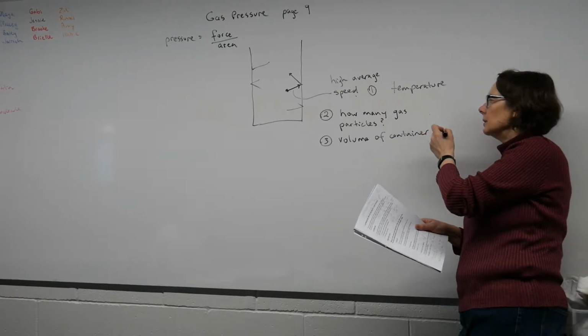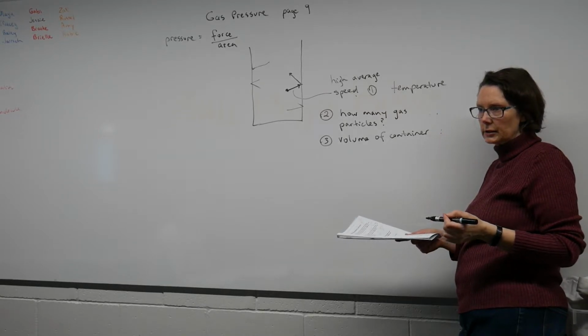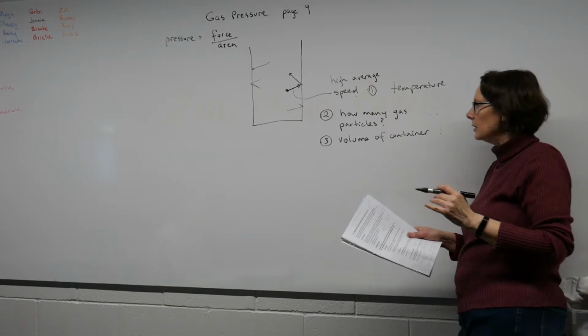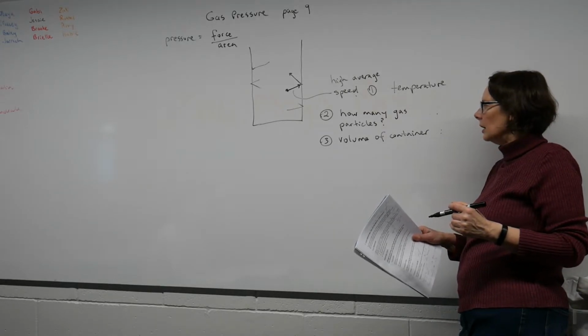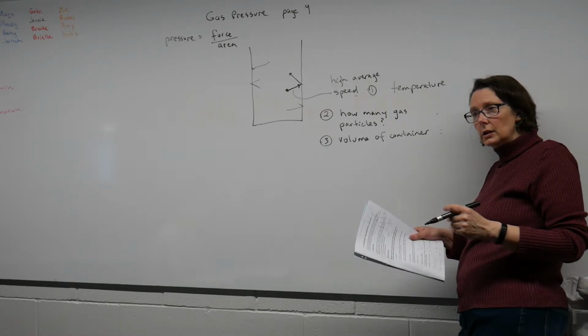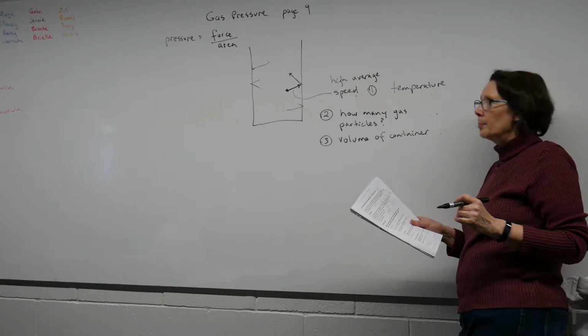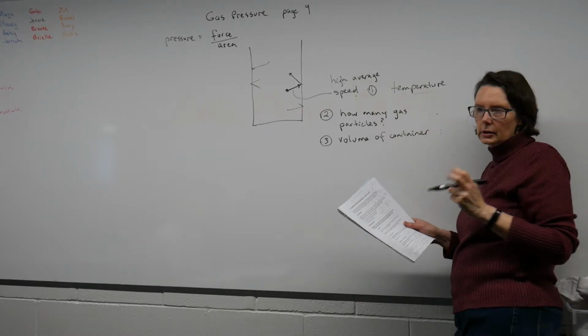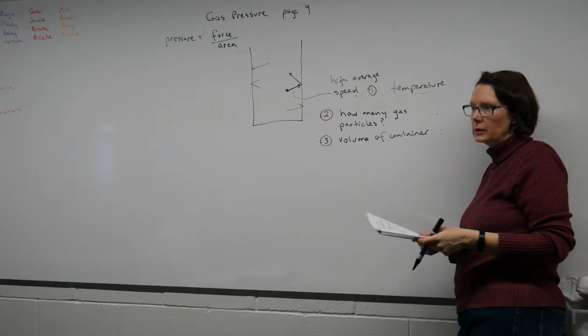Whereas these other ones will only increase the number of collisions, or, if we're increasing the number of particles, will increase the number of collisions. If we decrease the volume of the container, we will increase the number of collisions. But temperature here has those two aspects to it, where it's going to increase the force and frequency of collisions.